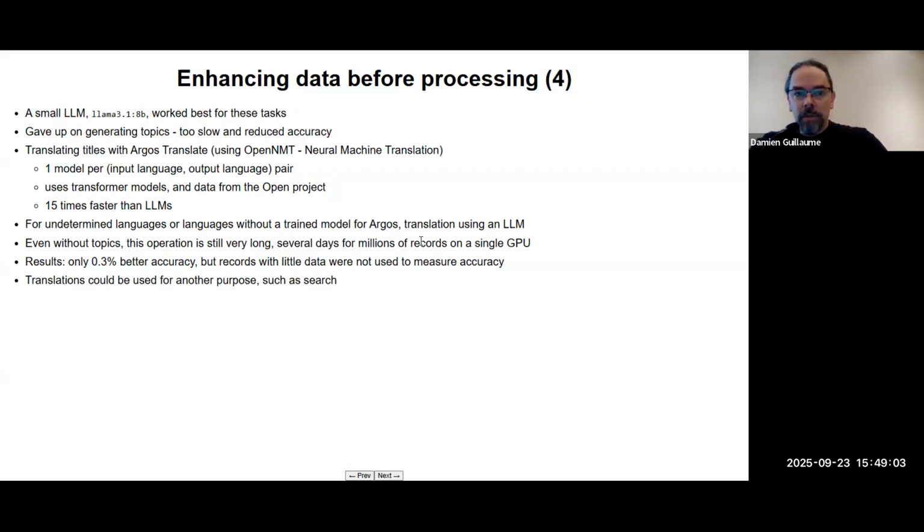And for translating titles, it was also too slow just using an LLM. So I used Argos Translate, which is also some AI, using OpenNMT machine translation, but it has an API.